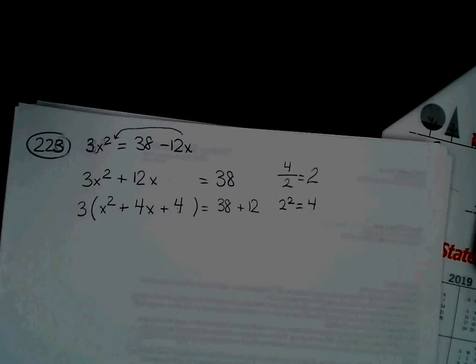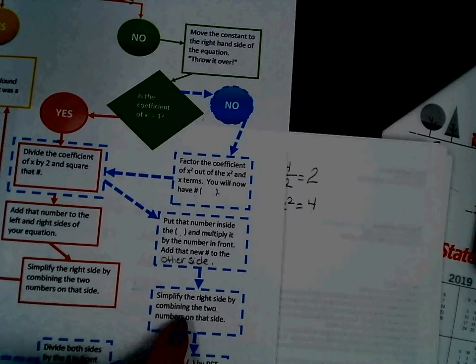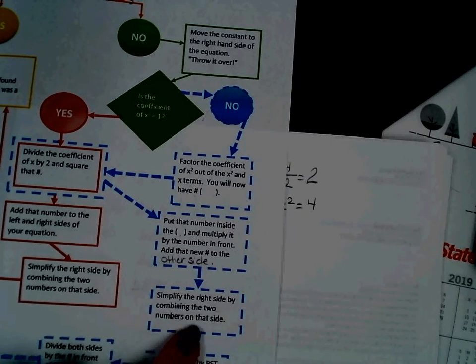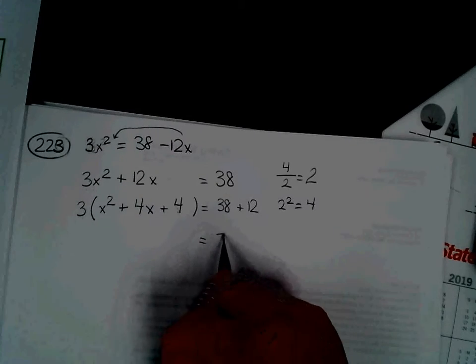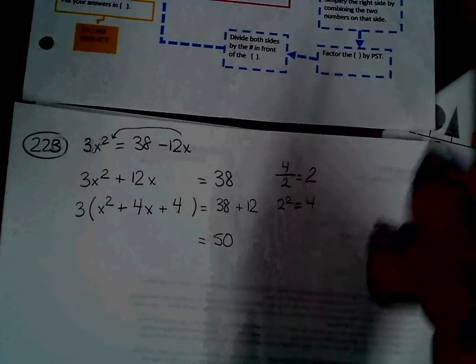Then following the blue arrow, simplify the right side by combining the two numbers on that side. 38 plus 12 is 50. Following my instructions, factor the parentheses by PST.